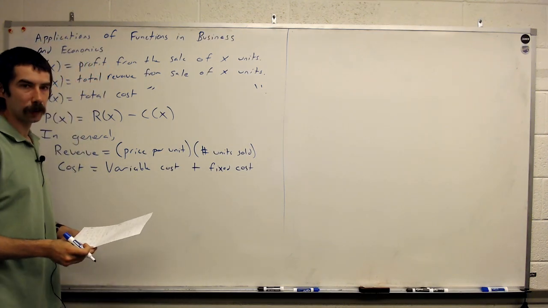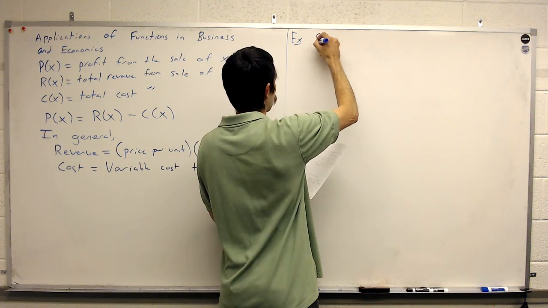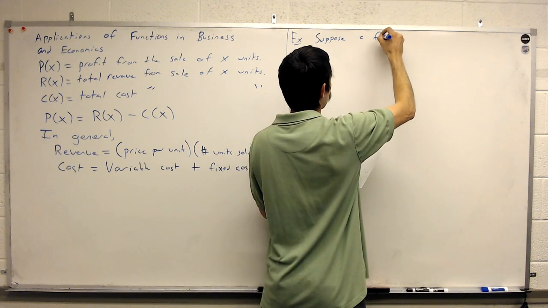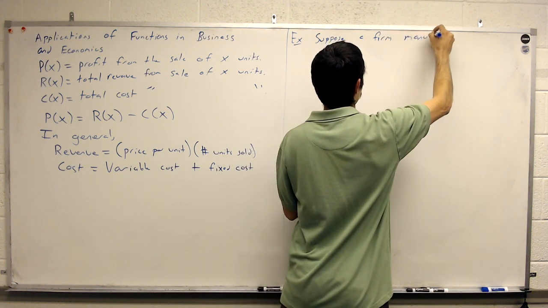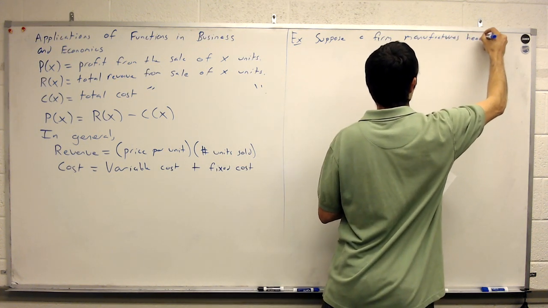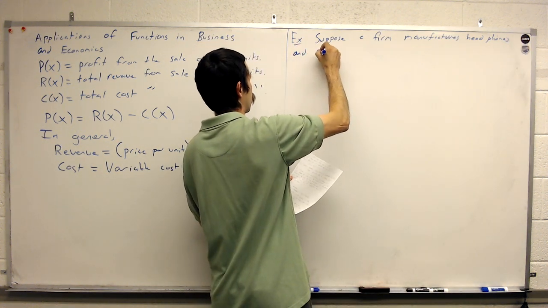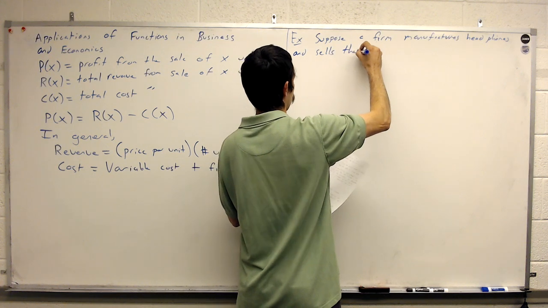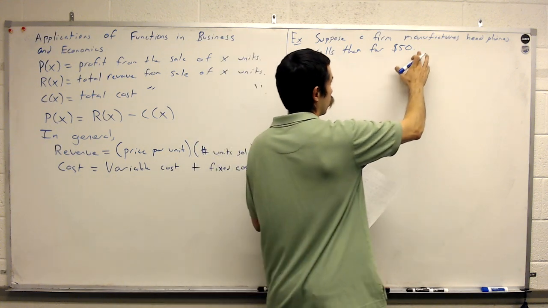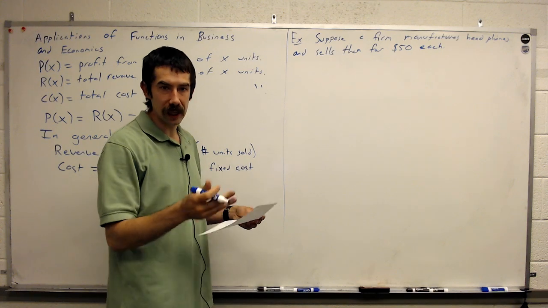Okay, let's take a look at an example. So suppose a firm manufactures headphones and sells them for $50 each. All right, so this firm makes the headphones and sells them for $50.